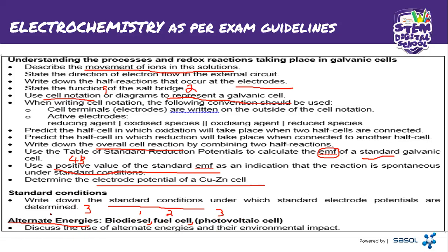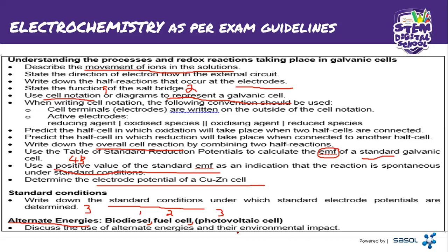So for these, we must be able to discuss the use of alternate energies and their environmental impact. So we must know the uses of biodiesel, the uses of fuel cells, and the uses of photovoltaic cells. And there we will learn what they are, what their uses are, which are basically more of the advantages, and also their environmental impact, of which some of them are negative impacts and the disadvantages.